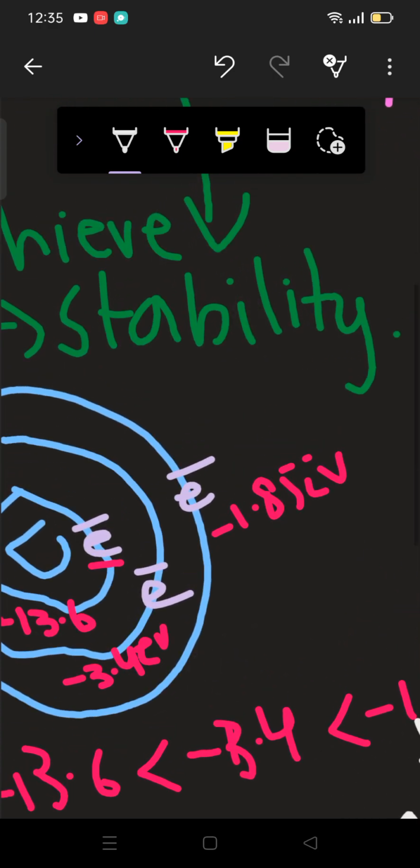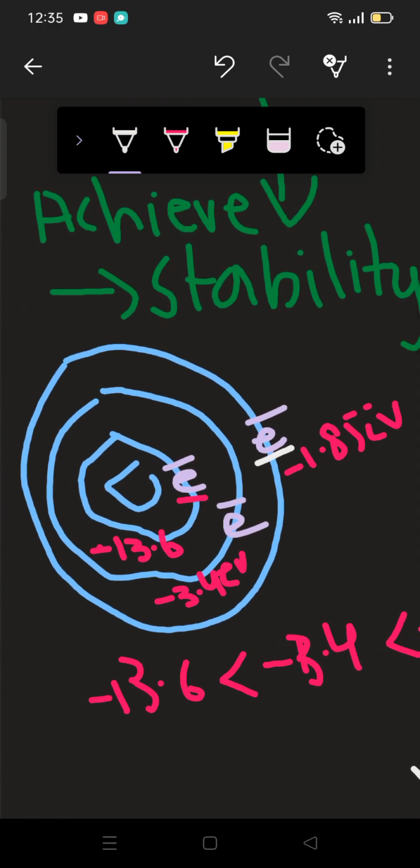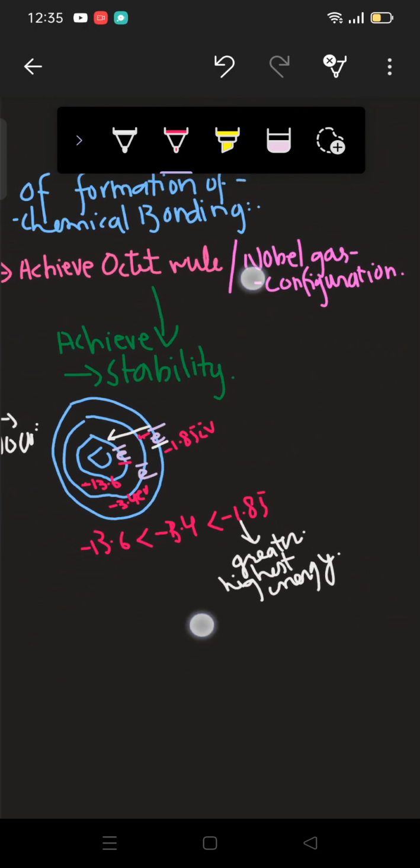Which means this electron isn't stable. It has the highest energy. To make itself stable, it has to lower its energy and come back to the lower shells, right?